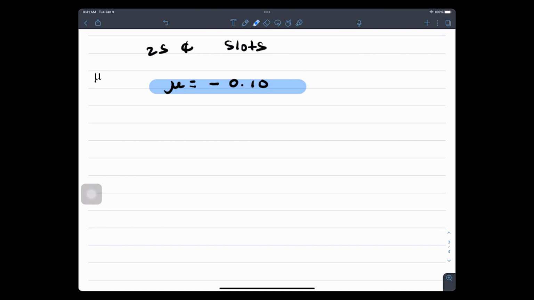You might say, what are you talking about? So everybody who plays that 25-cent slot machine, if it's negative 10 cents, what do you guys think is really happening? Everyone who's playing is really saying, here's your dime, here's your dime, here's your dime, because it's a negative expected value game.